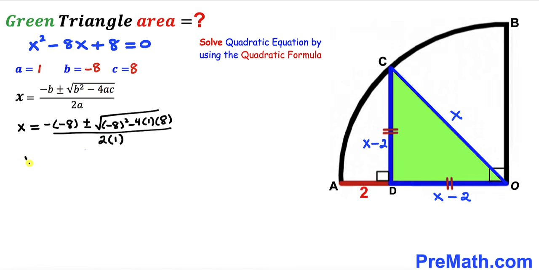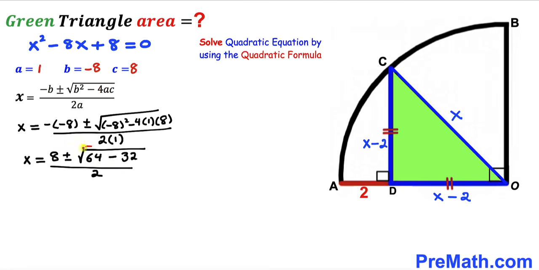Let's simplify. X is going to be equal to positive 8 plus or minus the square root of 64 minus 32, all over 2.